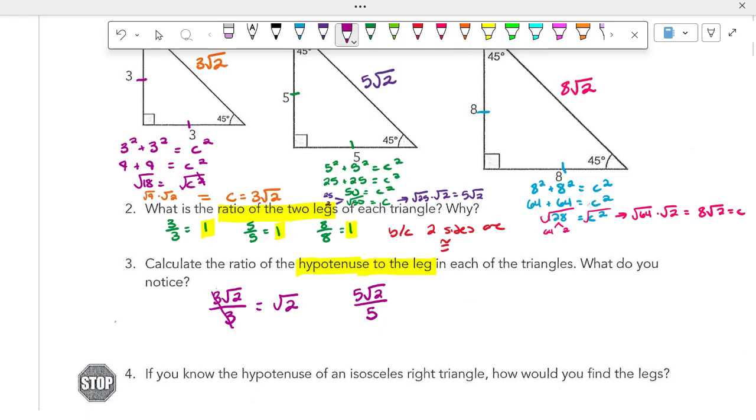Good. 5 square root 2 over 5. 5's are gone. Left with a square root of 2. What about the last one? 8 square root 2 over 8. What happens? 8 goes away. We got the square root of 2. All right. So if you notice, we get square root of 2 for all of those ratios.